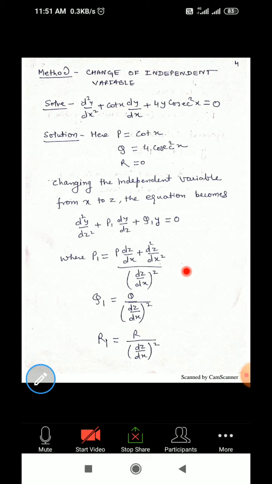So whenever you compare with the standard form, then p is equal to cot x, q is equal to 4 cosec square x, and r is equal to 0.